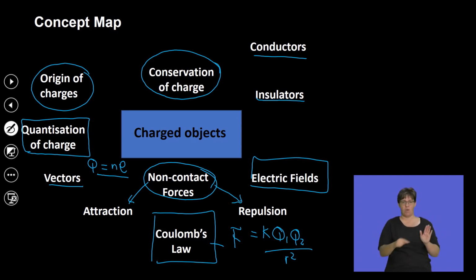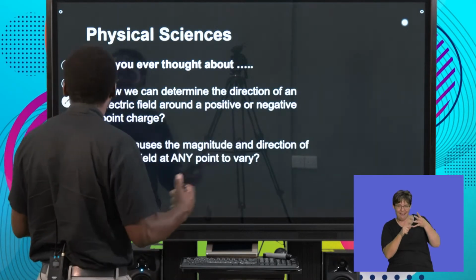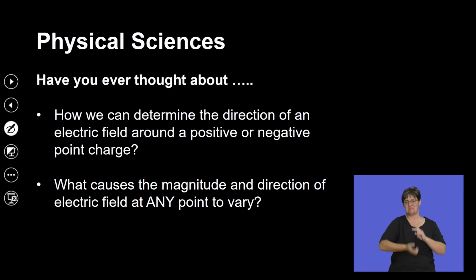Right. Let's look into the thinking exercise part of our session today. This is the thought that should drive our session, so that we are able to discover some of the very exciting scientific facts as far as electric fields are concerned. So the main idea is centered around how we can determine the direction of an electric field.